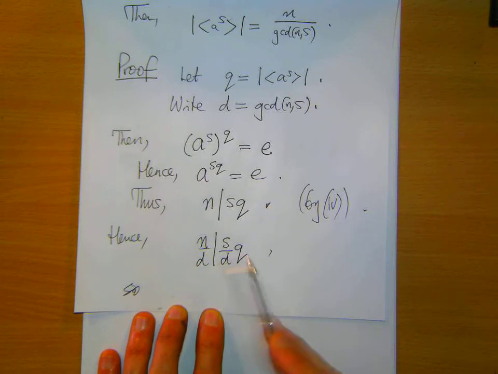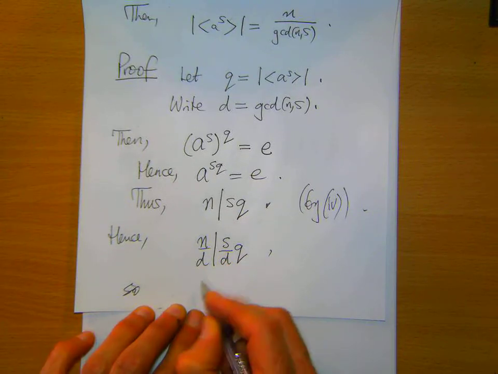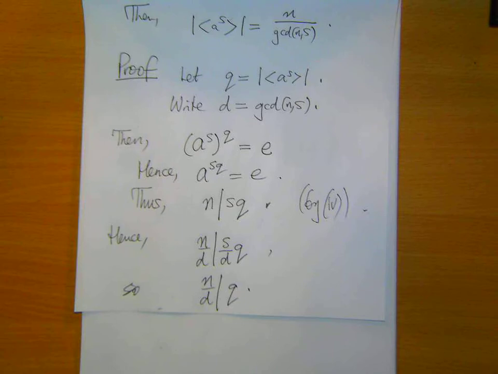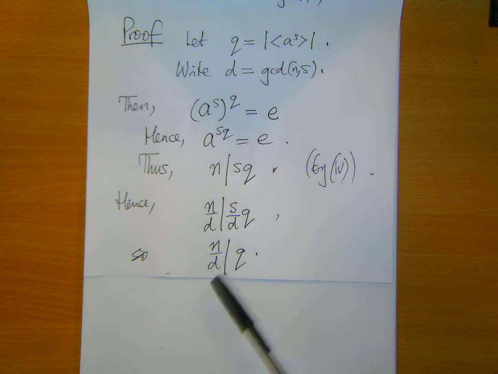So if n over d divides this product and it doesn't divide s over d, because n over d and s over d are co-prime, then it must divide q. That's what I want to deduce. But my bottom line for this page is going to be that q is a multiple of n over d. Remember, I'm trying to prove that q is equal to n over d, but we've got some progress here, that q is a multiple of n over d at least.